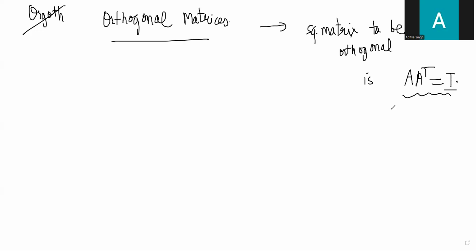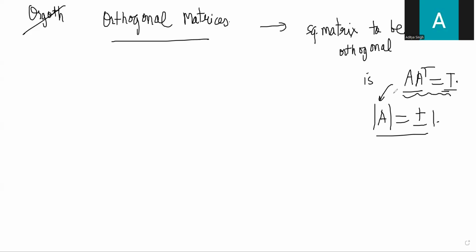So from here again, det of a matrix here will be plus minus 1 because of this condition. A into A transpose is I. Correct? If you take det on both sides here, it is coming det of A square is equal to 1, which means that det of A will be either 1 or minus 1, right?